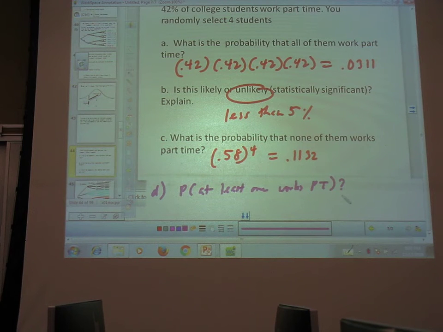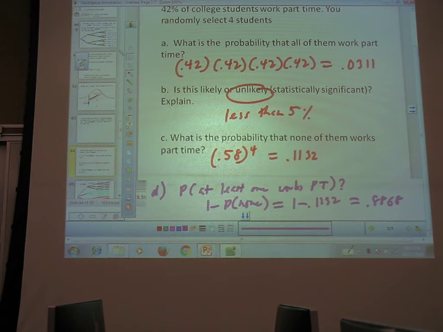Alright, so this one is 1 minus the probability of none. Which one was none? 0.1132. Yep. So 0.8868. Great.